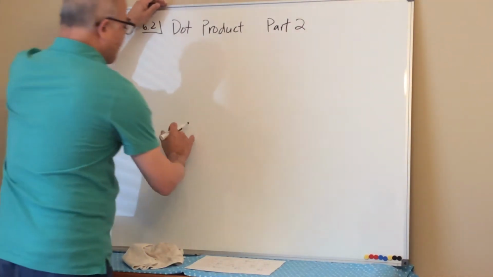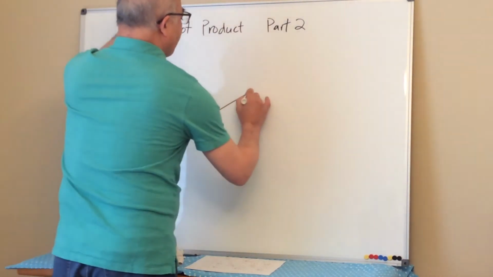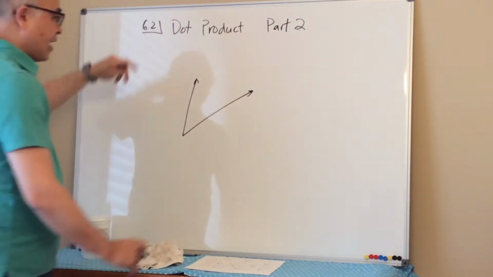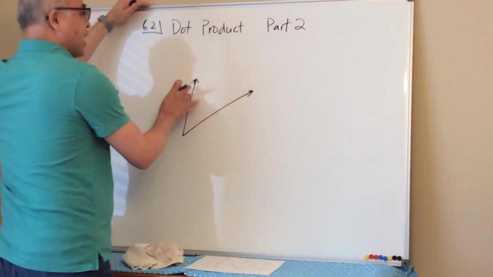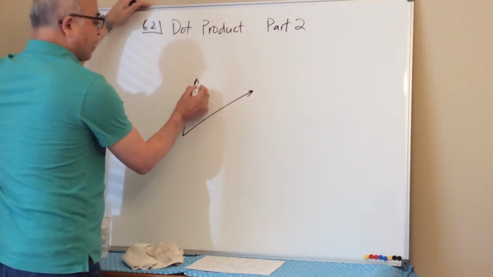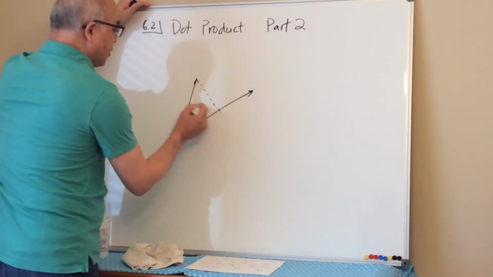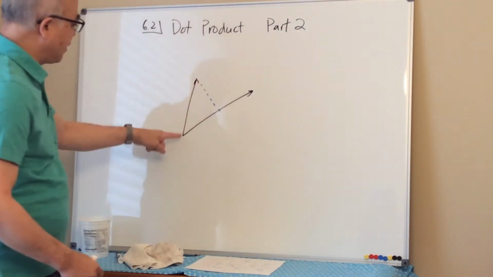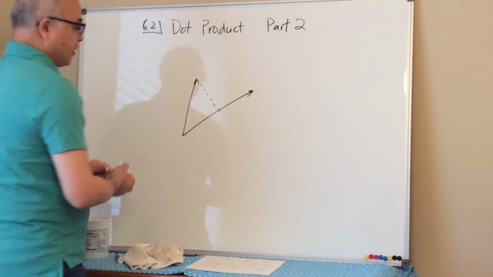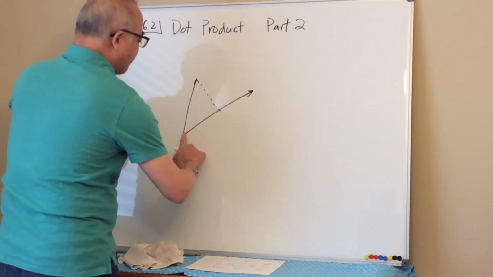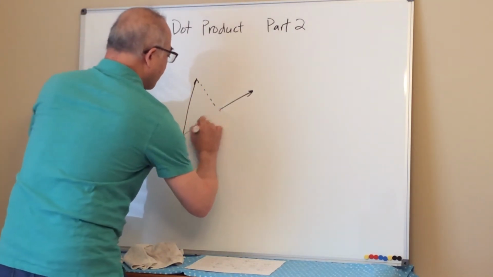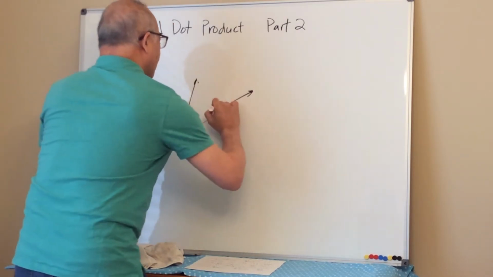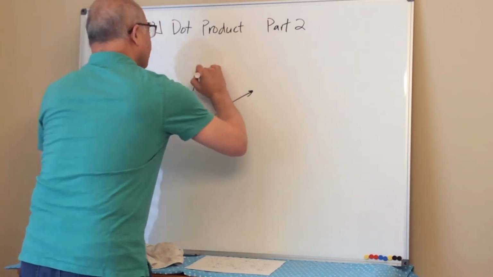So there are times when we have two different vectors here, like such, and I am interested in projecting this vector down to here. So in other words, I'm going to resolve this vector into two vectors, the vector from here to here, and the vector from here to here.